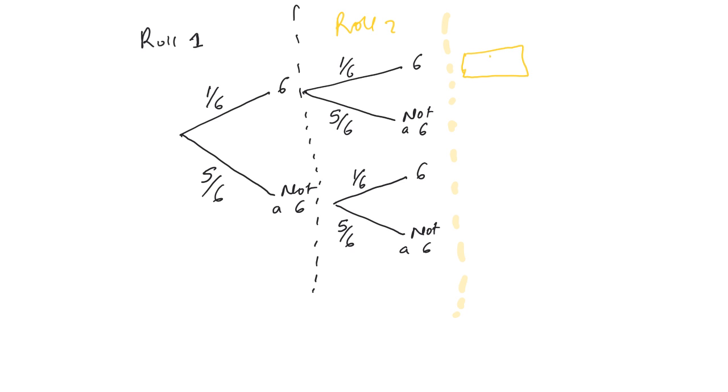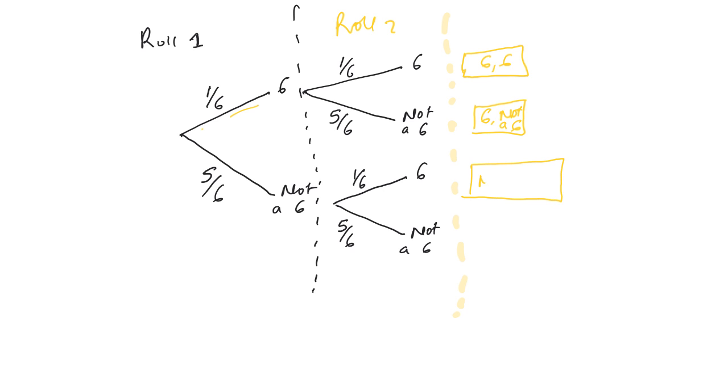So here it is 6 and 6. What about here? When we follow this branch, we move from here and then come along this line. It is a 6 the first time, and then not a 6 the second time. What about here?